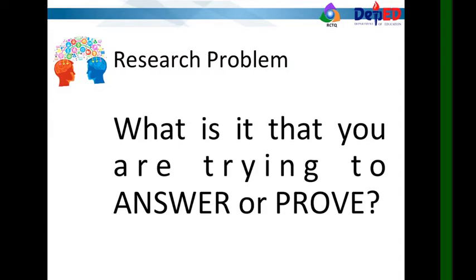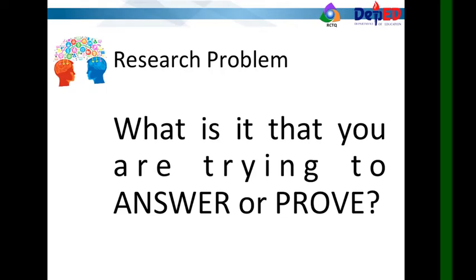So, in writing a research problem, there is always a question, what is it that you are trying to answer or to prove? So, kailangan mo i-determine ngayon that upon writing your thesis or research, ano ba yung gusto mong i-prove?